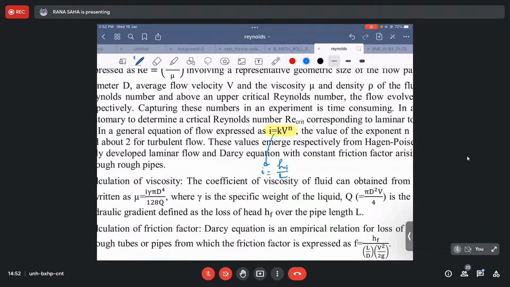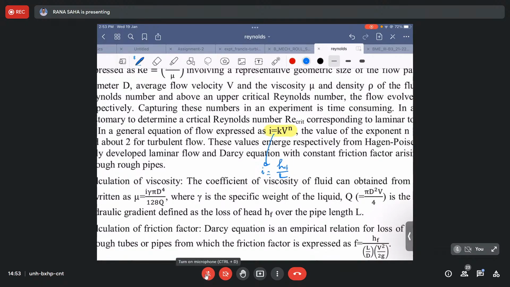In i equals kV^n, the power of V, the index n, is equal to 1 for laminar flow. So if we measure the velocity and the hydraulic gradient for different flow situations, then for the laminar zone one can expect i to behave linearly with respect to V. In other words, if you plot i versus V for laminar flow, you can expect a straight line on a metric graph paper.